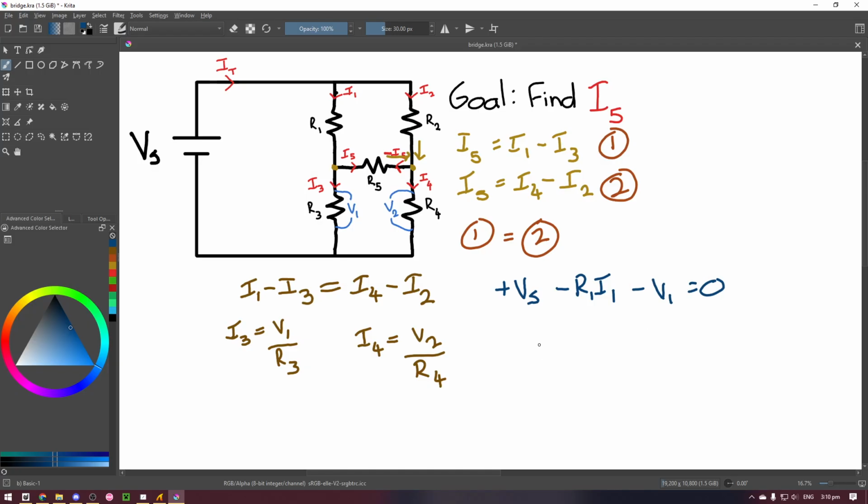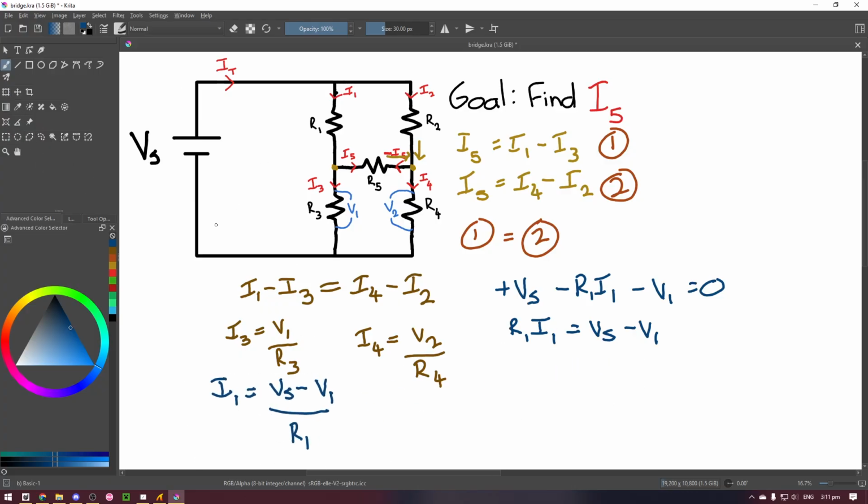We can rearrange this to put R1 I1 equals V source minus V1, so I1 equals V source minus V1 over R1.